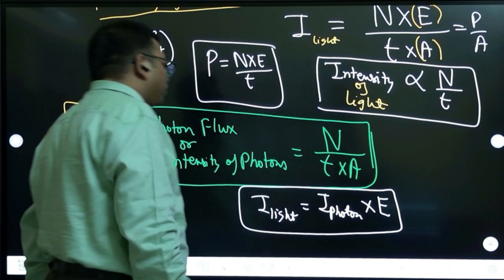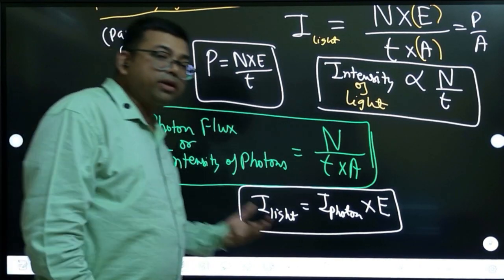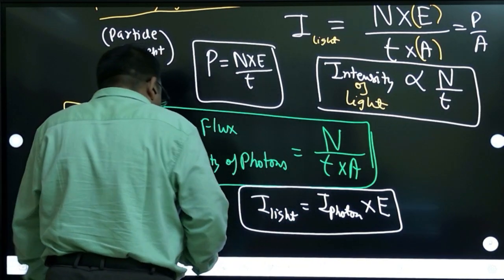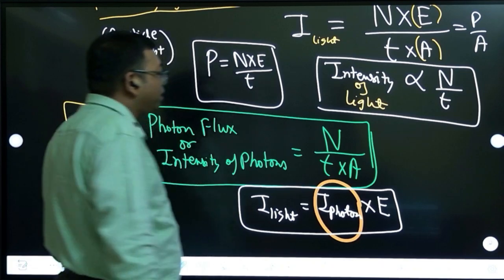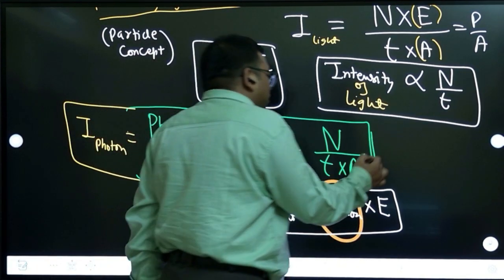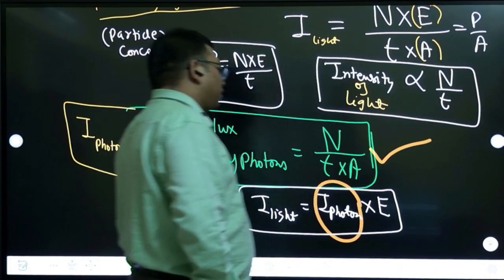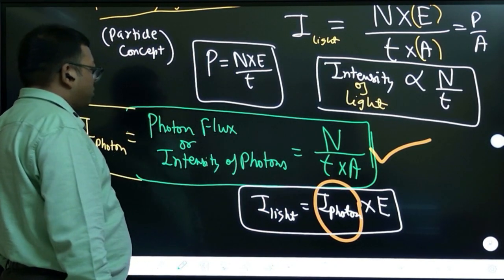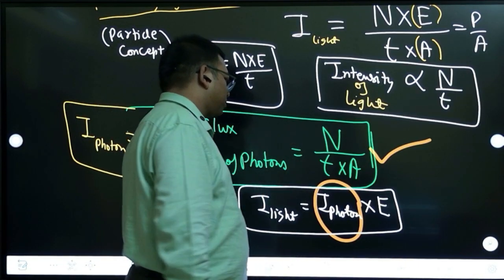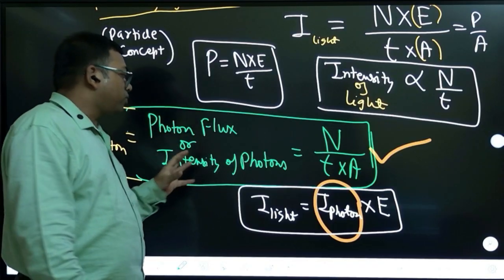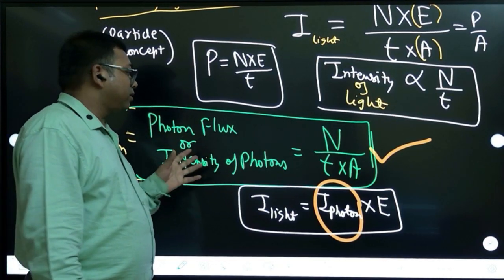Whenever photoelectric effect talks about intensity, it is clearly talking about the intensity of photon, which is called photon flux, given only by this formula: number of photons per second per unit area, of course.